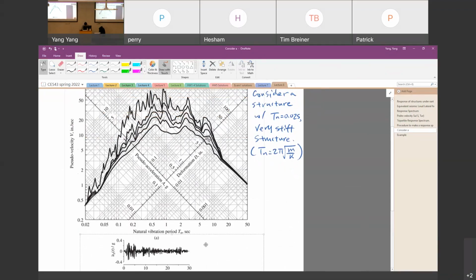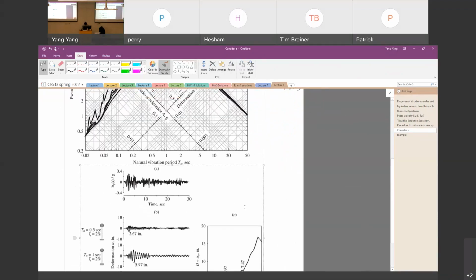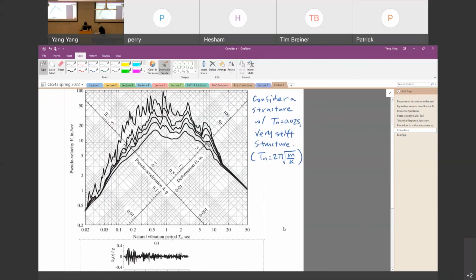As you can see here, this is the earth ground acceleration history, and on top of that is the response spectrum. What is the maximum acceleration for this earthquake?